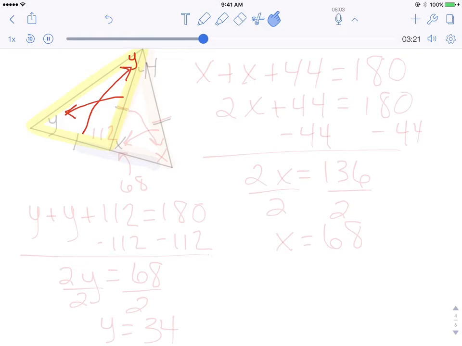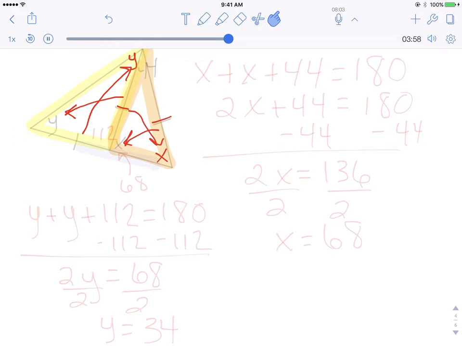So therefore this angle here would also be equal to y. In the same token, in the second triangle, our orange triangle here, we know that these two sides are congruent, so the angles opposite those sides would also be congruent. So we can therefore call this x as well.